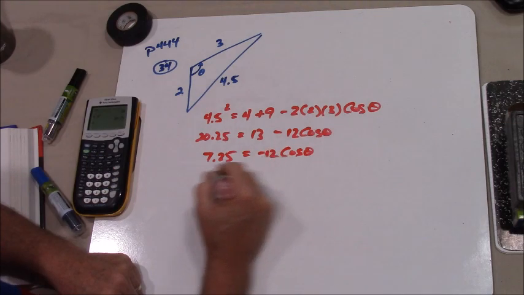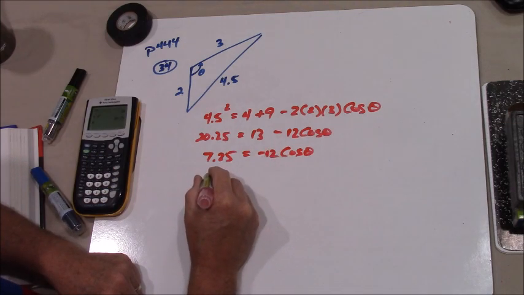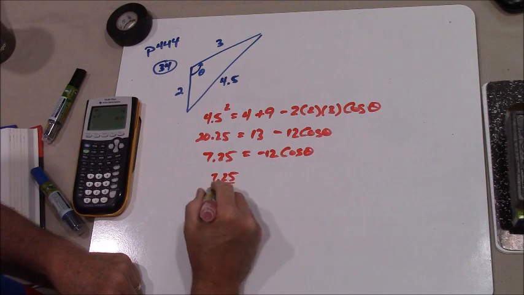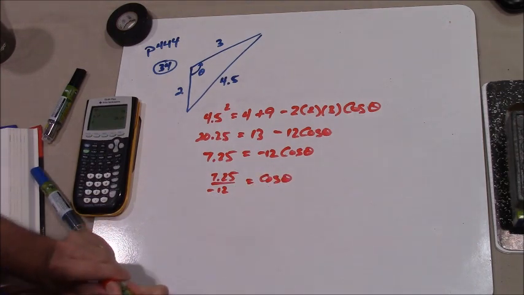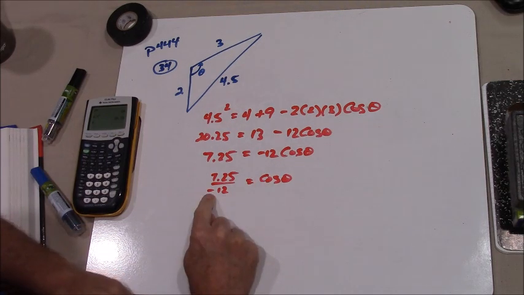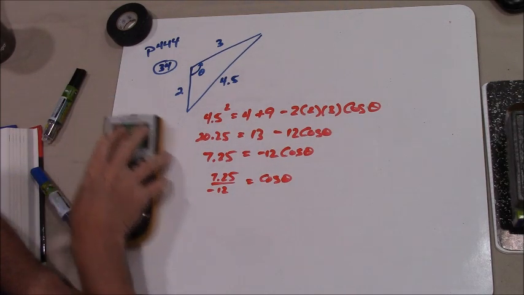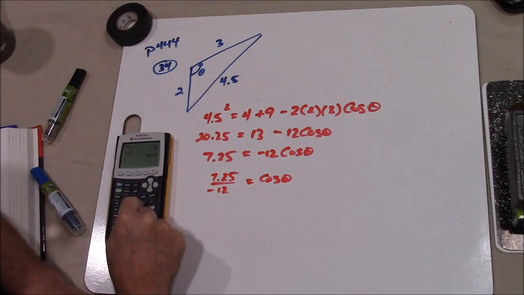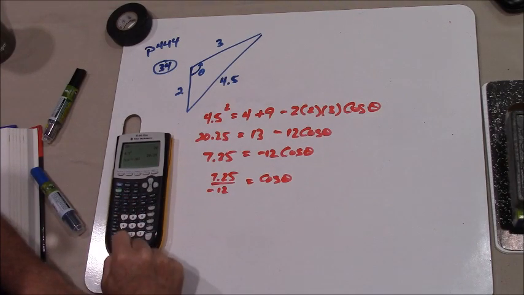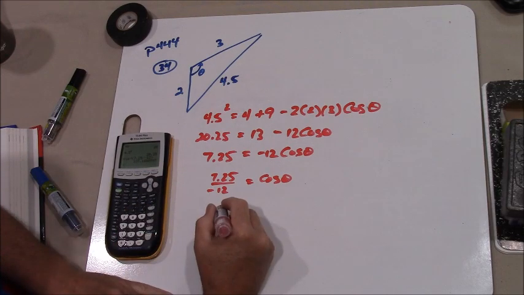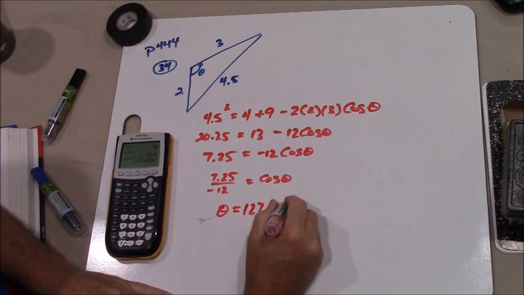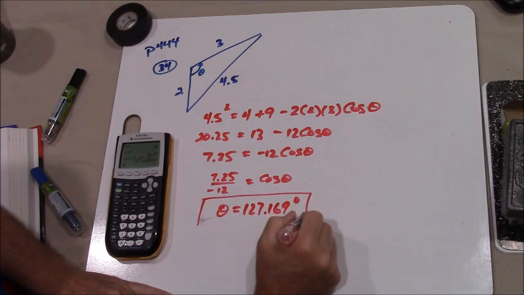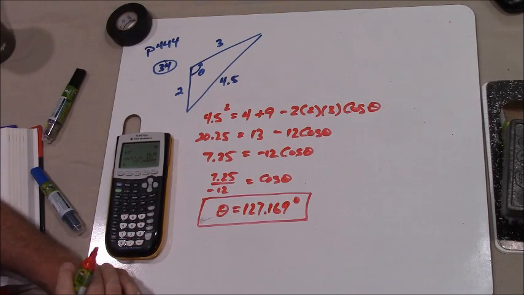Now I'll move that negative 12 over and divide, so 7.25 over negative 12 equals cosine theta. Now I'll do the inverse cosine of this. On the calculator, I'm just thinking second cosine of 7.25 divided by negative 12. So I got theta equals 127.169 degrees. There's my answer. I did what they asked for.